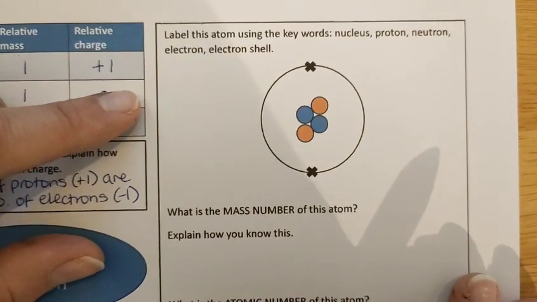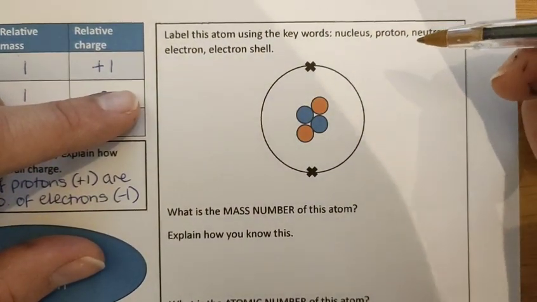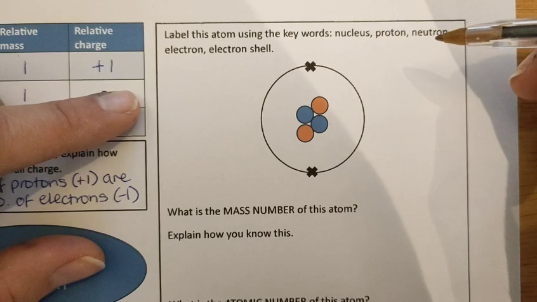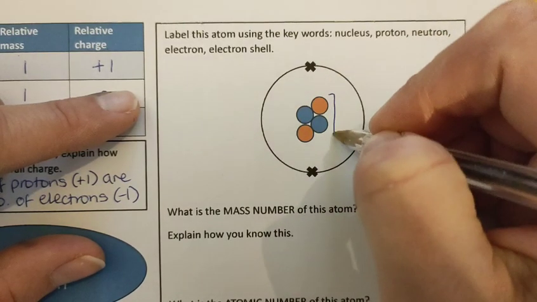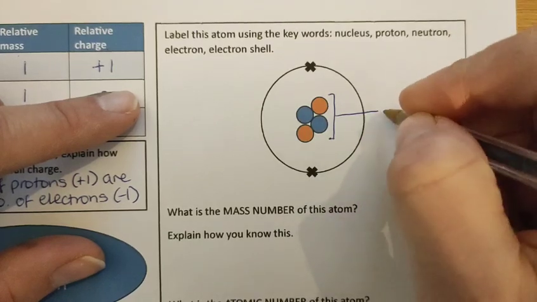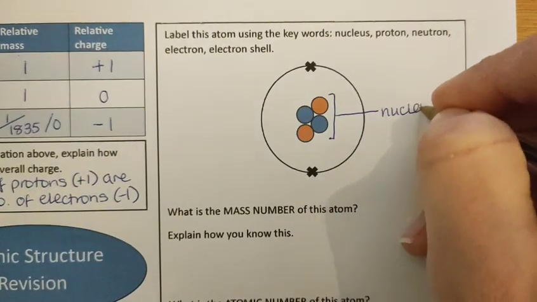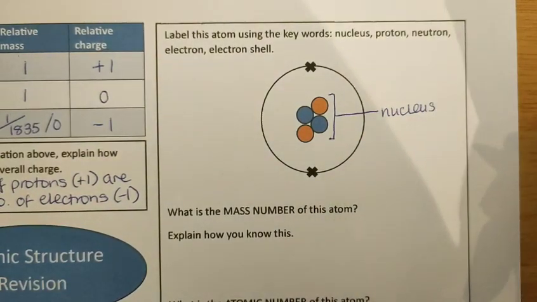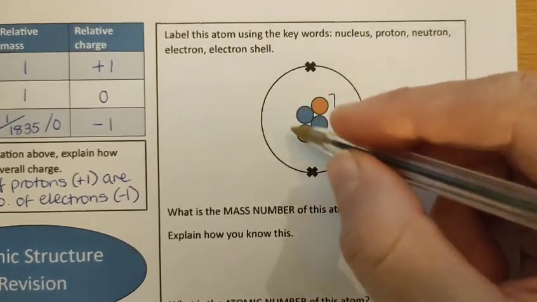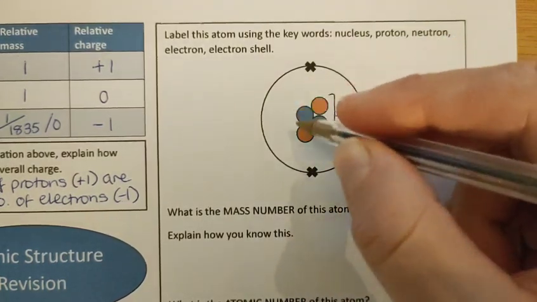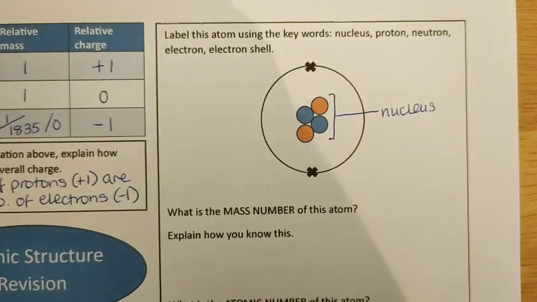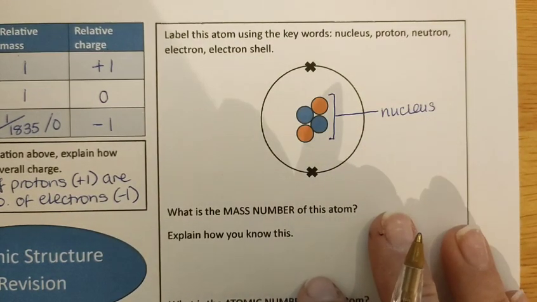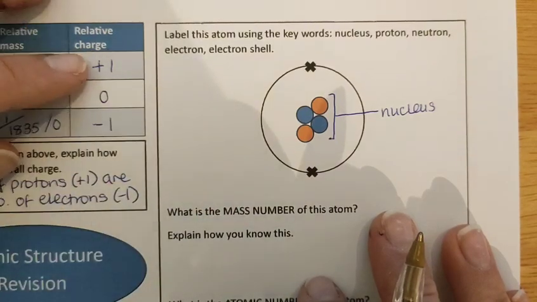Let's move over here. Label this atom using the keywords nucleus, proton, neutron, electron shell. This bit in the centre here, that is the nucleus. This is what Rutherford discovered. There's a tiny nucleus, so this is not to scale at all. There's a tiny nucleus in the centre of every atom, which has an overall positive charge. The reason it has an overall positive charge is because of the presence of protons.